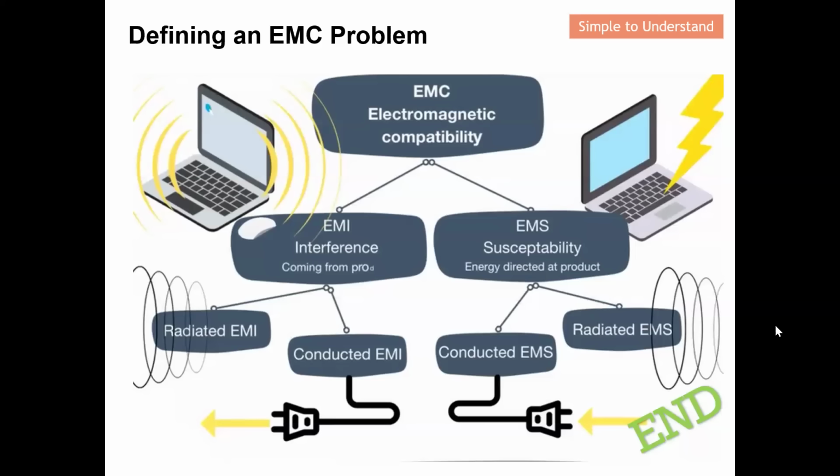This is how we inject our noise source through the radiated EMS, and again, we see whether our DUT can still function in a satisfactory manner. If not, we can also inject our noise onto the cable, and the cable will bring the noise source to our DUT, and again, we can monitor whether our EUT can still function or not.